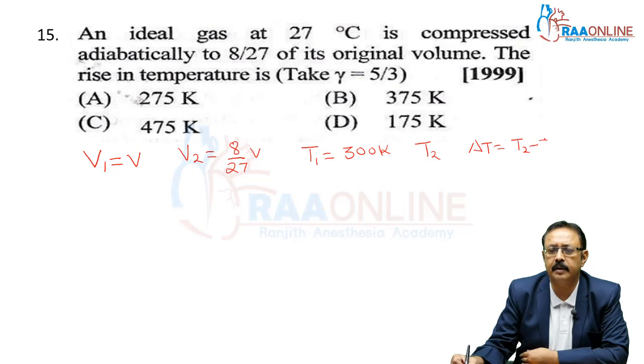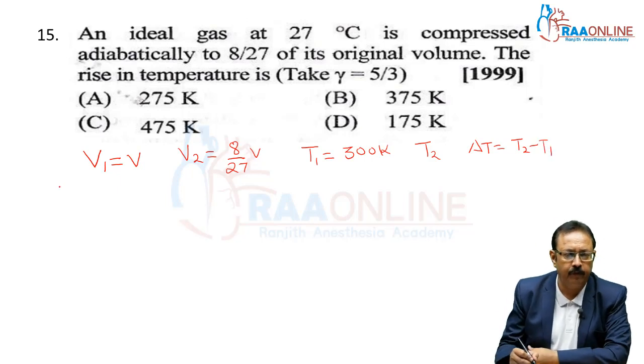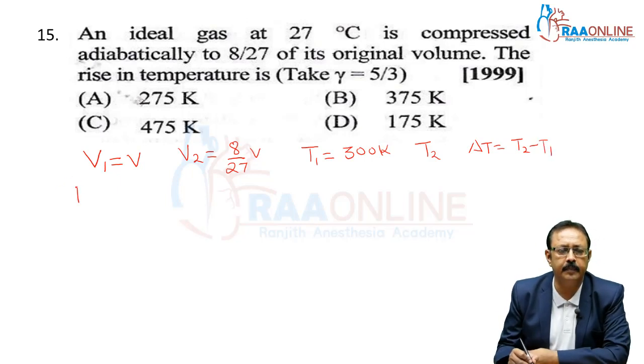T2 minus T1. We know that at this time gas will follow Poisson's law, PV raised to the power gamma is equal to constant, but PV is equal to mu RT. We want to remove P, so we can write P as mu RT by V, into V raised to the power gamma.